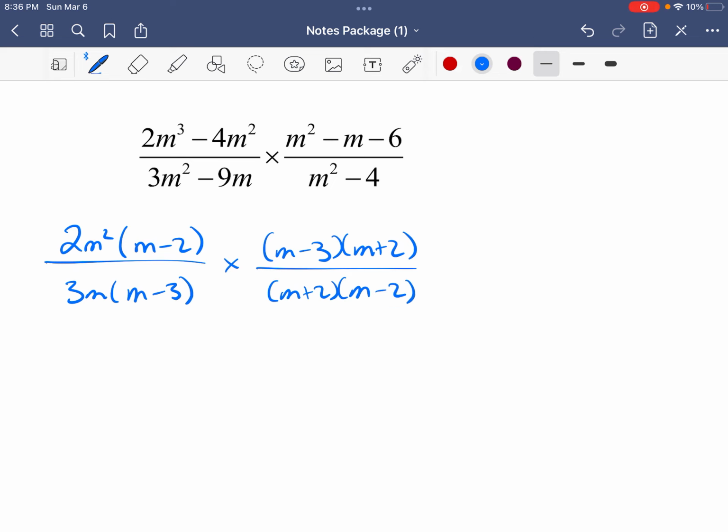All right, we could do our non-permissible values at this stage, so m cannot equal 0, 3, negative 2, or positive 2. Now let's do some simplifying. So m minus 2, m minus 2, m plus 2, m plus 2, m minus 3, m minus 3, and an m, and that will simplify. So we are going to be left with 2m over 3.